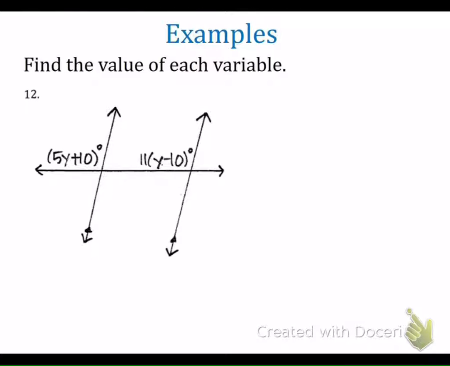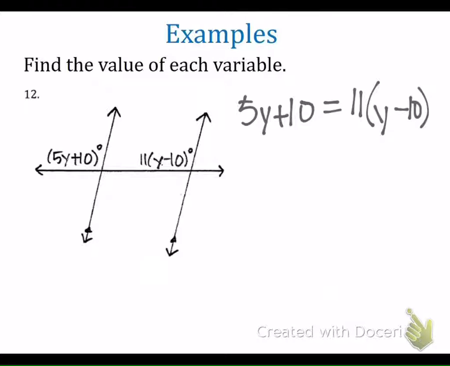So this is going to be 5y plus 10 equals 11 parentheses y minus 10. Distribute the 11. So 5y plus 10 equals 11y minus 110. You got to multiply.